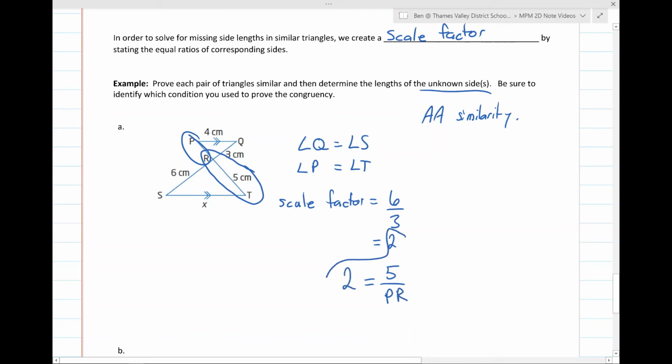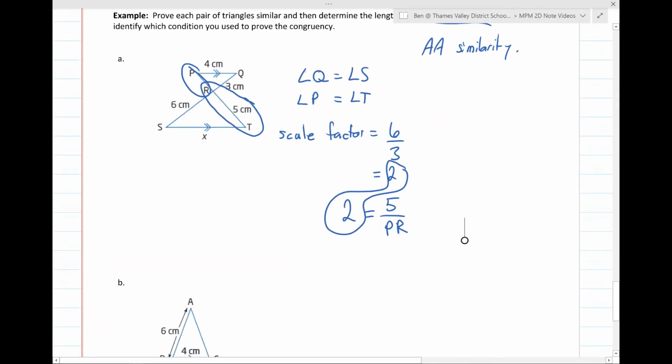So I can take this scale factor and I can use it moving forward. So my scale factor equals the big triangle side divided by the small triangle side. Now I can rearrange this.